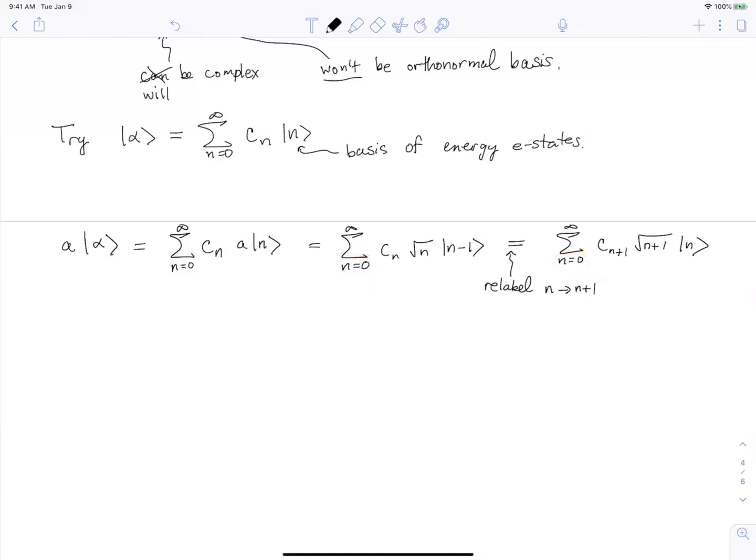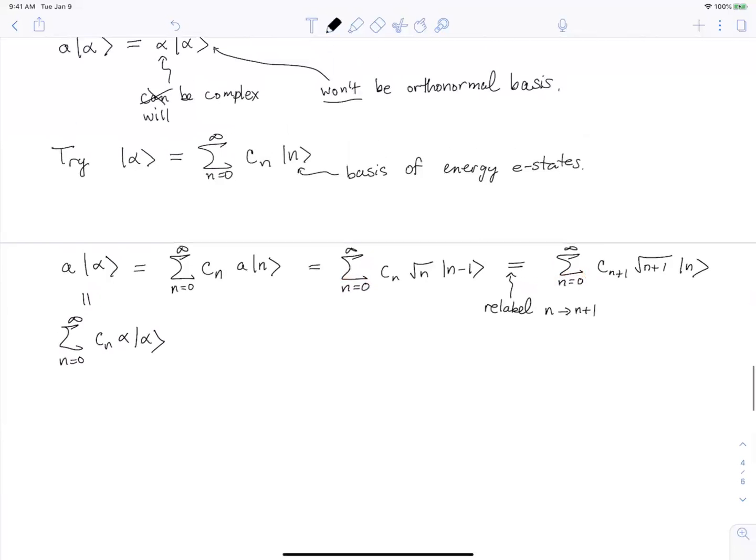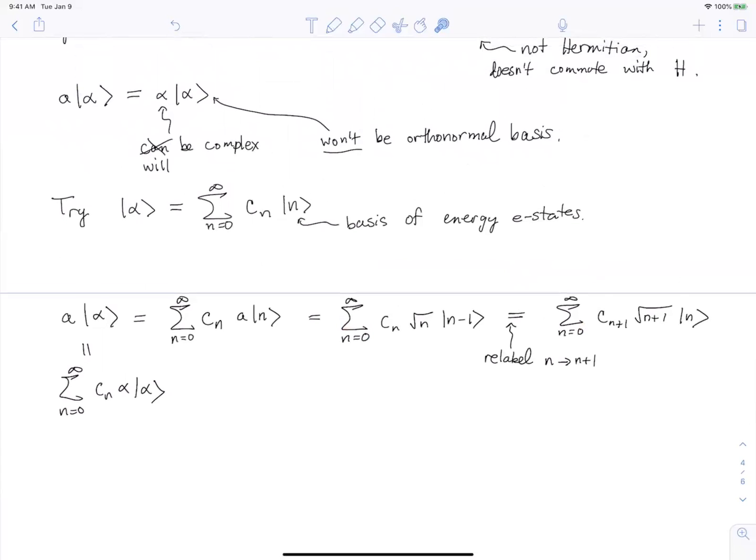Okay, and so now I can rewrite the left-hand side as also the sum from n equals 0 to infinity of C_n, the number alpha acting on |n>, right? That's because we're solving the eigenvalue problem here.